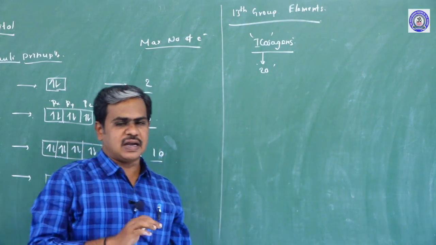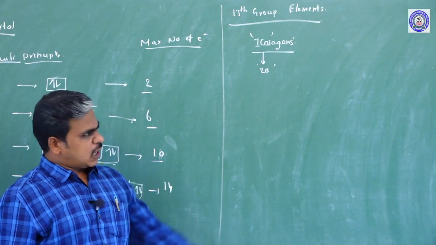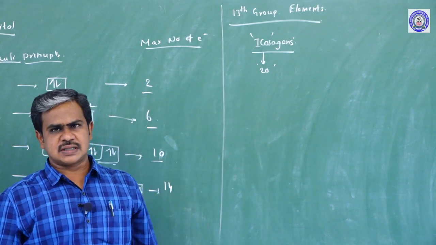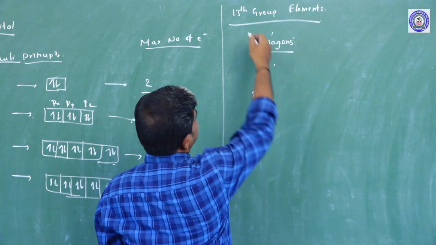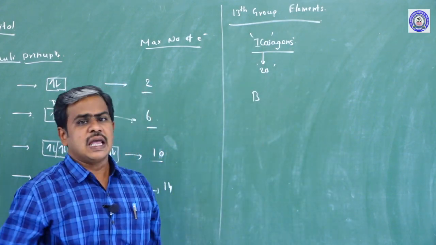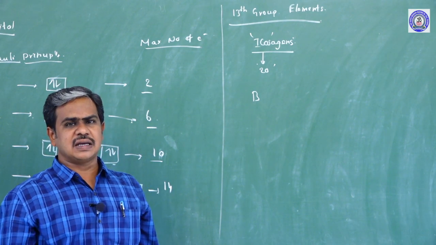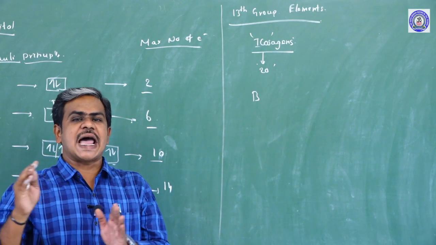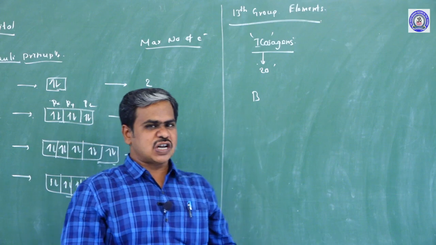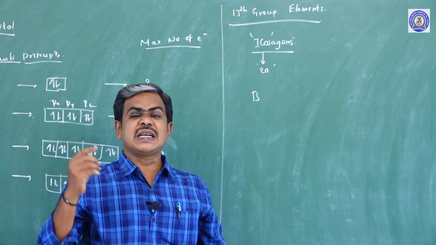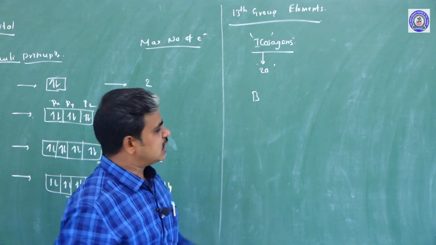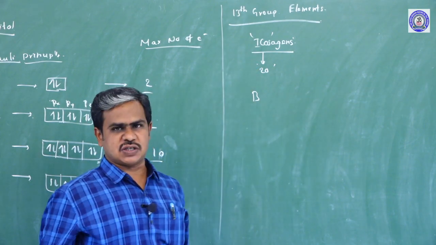Why is it called icosagens? Because the first element in the 13th group, boron, is present in the structure of an icosahedron, which has 20 faces, so we call these icosagens.